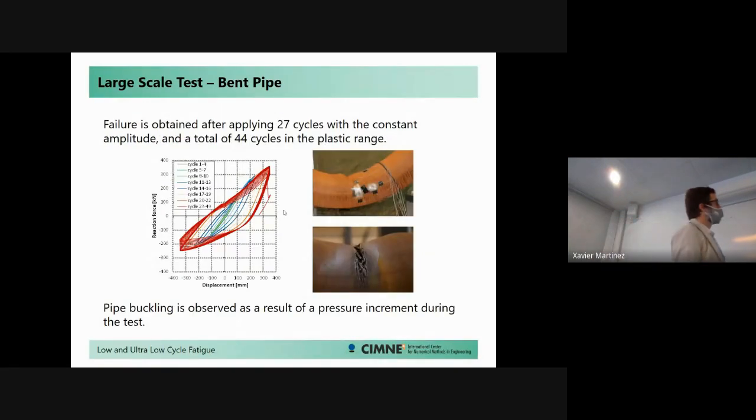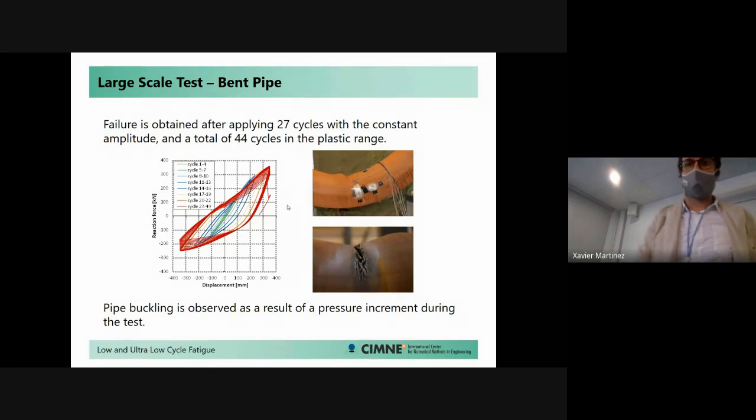This is the hysteresis cycle obtained in the pipe. At the beginning, you have small hysteresis loops because you're increasing the amplitude, and then they more or less stabilize in these red lines. And the pipe broke after 44 cycles.